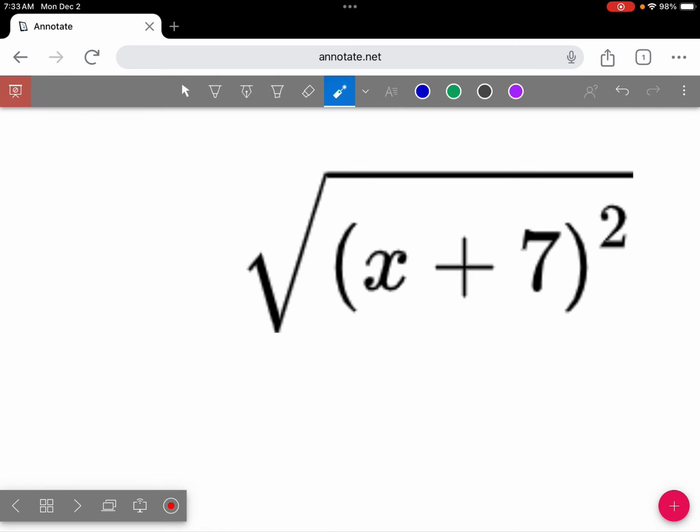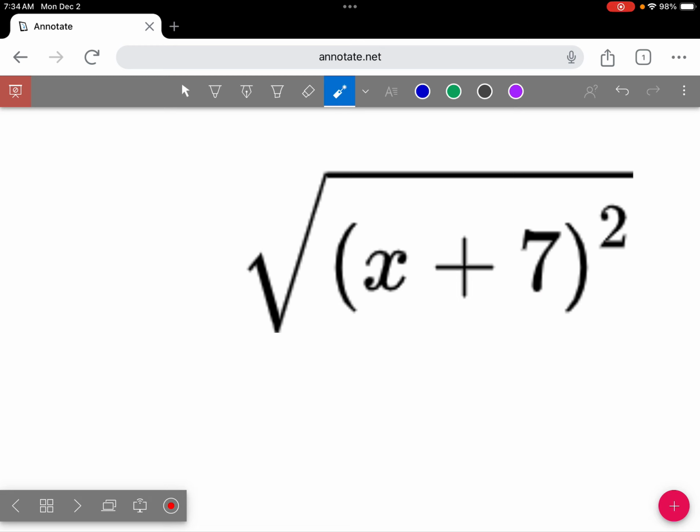All right, when we have things that have these kinds of quantities in there, think of this as a really weird looking sock. Don't multiply it out. X plus 7, quantity squared. That means I have a funky looking sock and I have 2 of them.